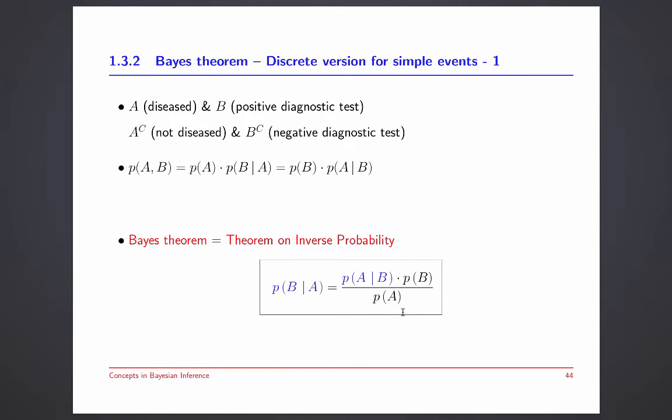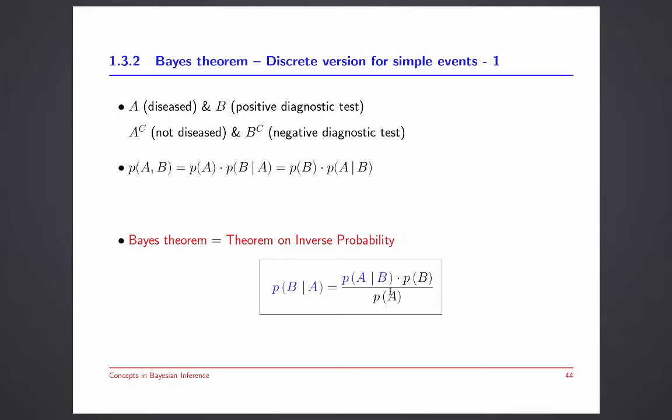So this Bayes' theorem relates the probability of B given A with the probability of A given B. And that's why this theorem is also called the theorem on the inverse probability.